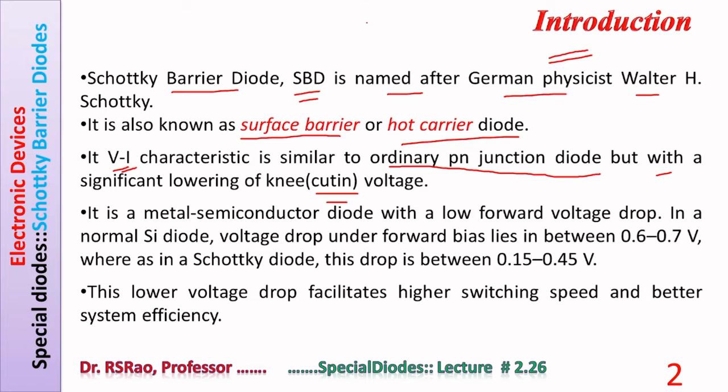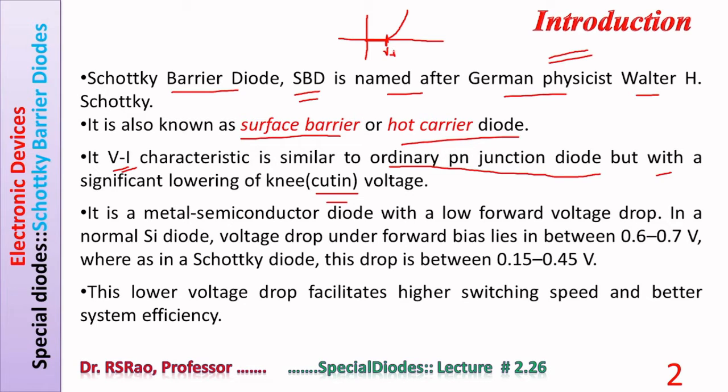What is the cut-in voltage? Consider the forward biased characteristic of an ordinary PN junction diode. It is exponential. Essentially, it appears like this. But notice the rise in current is not there until the forward biased voltage is more than a certain voltage.